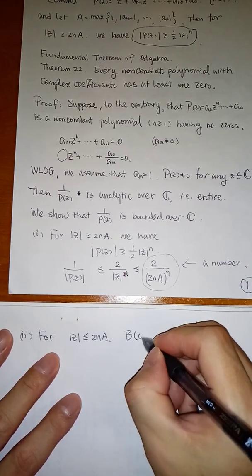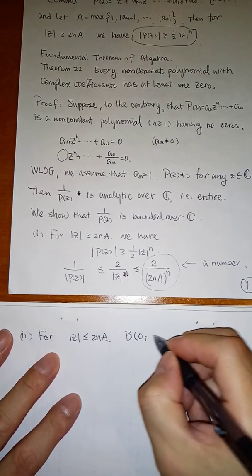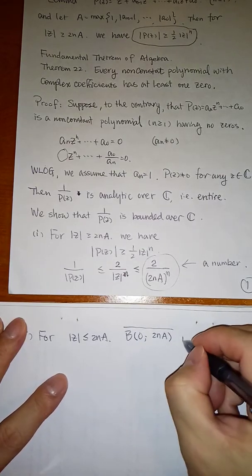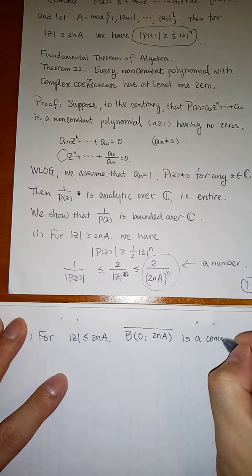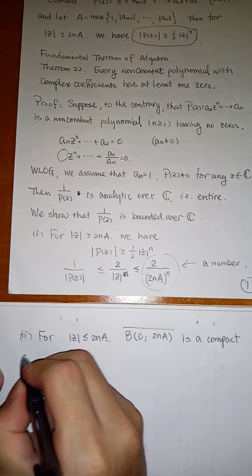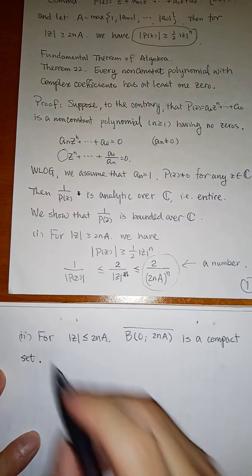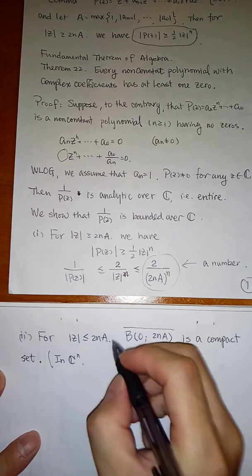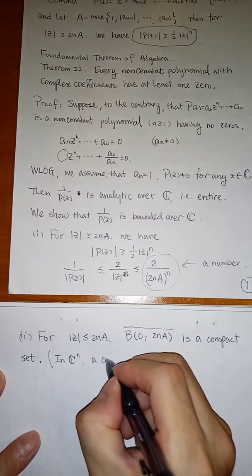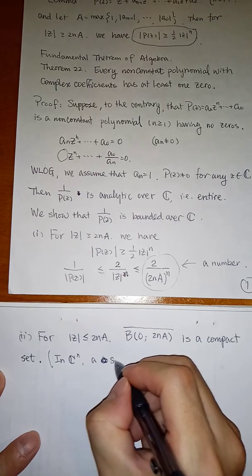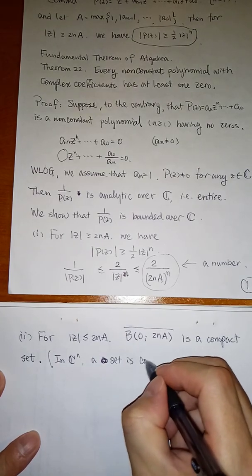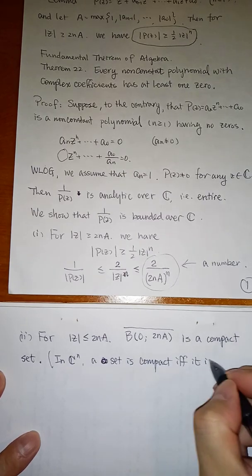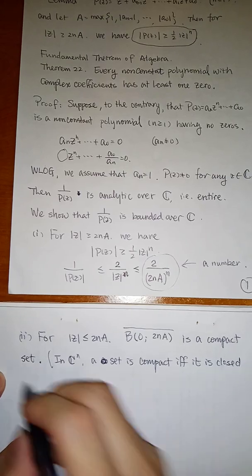This ball centered at the origin with this radius, with its closure, is a compact set. Remember, in the Euclidean space, a set is compact if and only if it is closed and bounded.